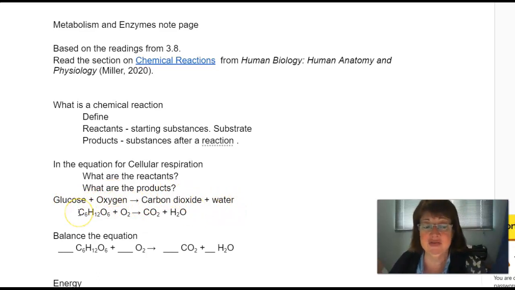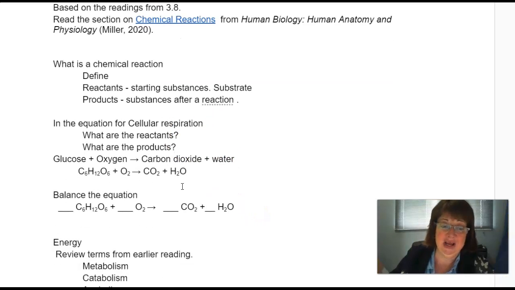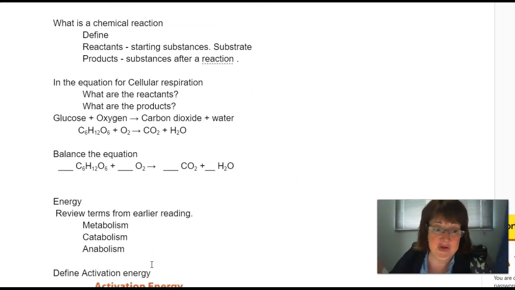Glucose's formula is C6H12O6. We're adding oxygen, which is O2, getting carbon dioxide and water. The starting reactants are glucose and oxygen, and the products will be the carbon dioxide and the water. So that's what a product and a reactant is, terms we will use quite often in chemistry.